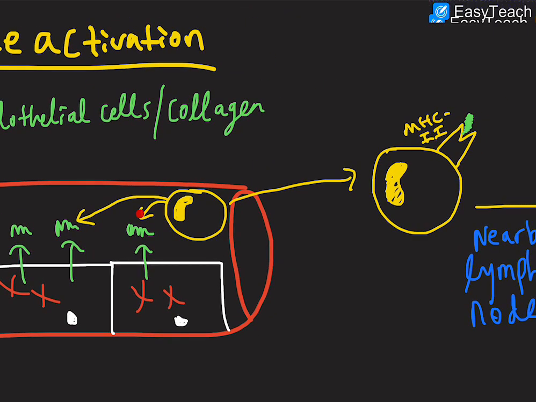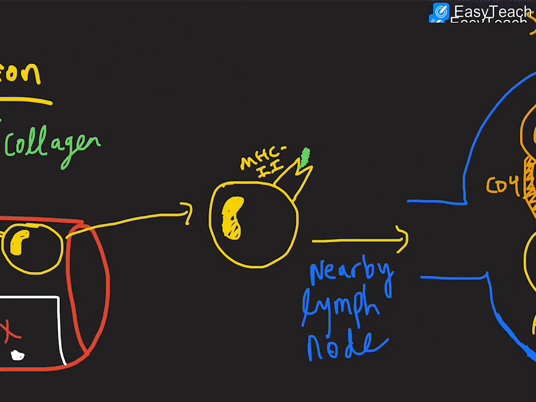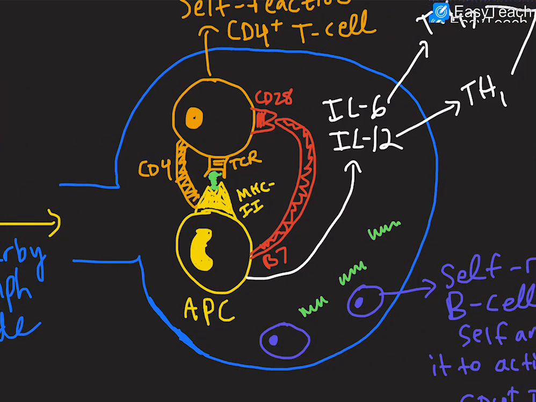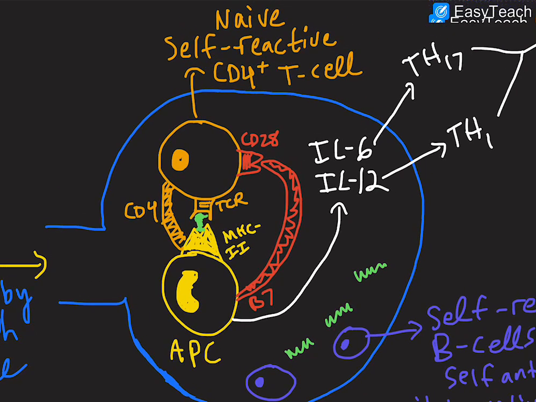Our antigen-presenting cells can engulf that self-antigen and present it onto MHC2. It can go to a nearby lymph node and come in contact with a naive self-reactive CD4 T cell. Remember what needs to happen: we need our B7 and CD28 interaction and CD4 and MHC2 interaction.